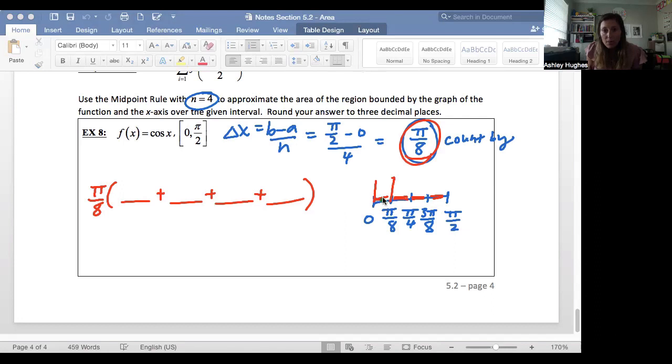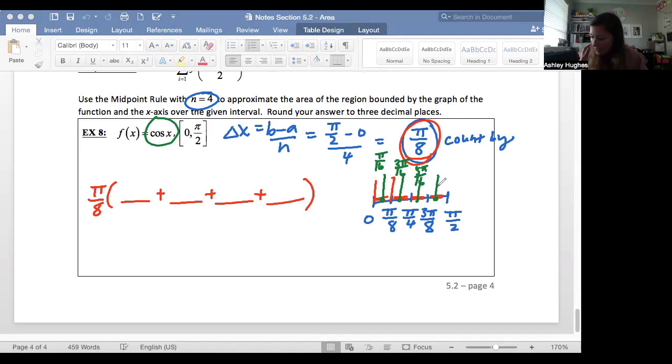So I can go back and look at the middle of each of these to figure out what I'm going to plug into this function, how I'm going to get my y values. So what's between 0 and pi over 8? That would be pi over 16. Between pi over 8 and pi over 4, that's 3 pi over 16. Between pi over 4 and 3 pi over 8, that's 5 pi over 16.